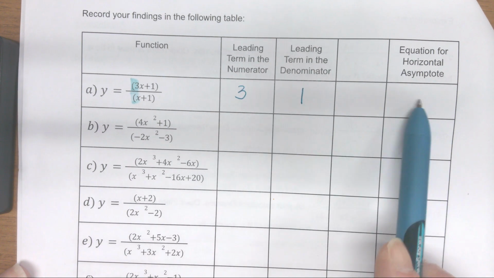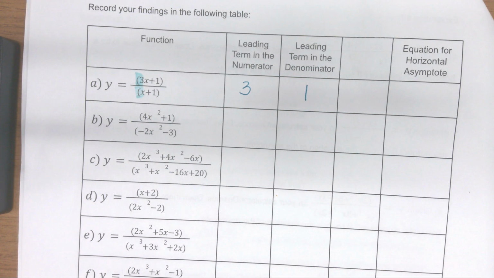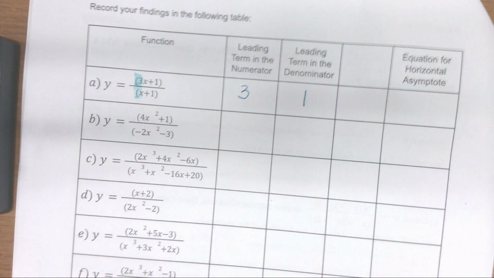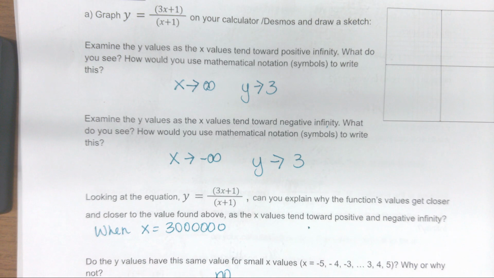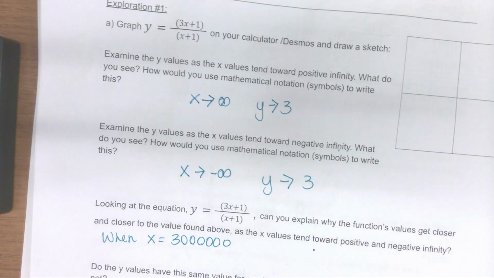Did anybody find the horizontal asymptote for the one on the first page? And if so, what did you find? Looks like when we graphed it, the horizontal asymptote was y equals 3.